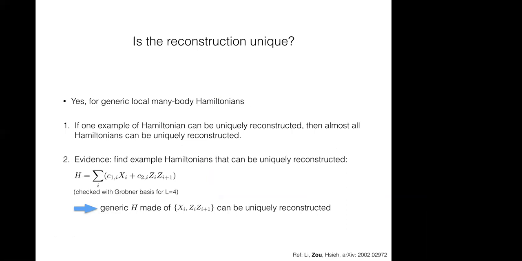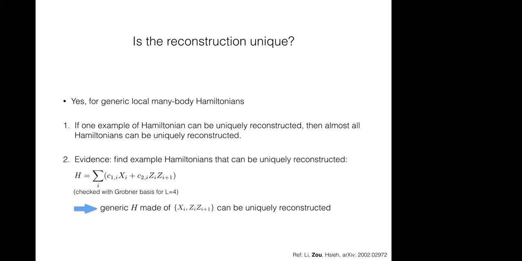Here, I just explain some intuition. The first step is the mathematical result that says, suppose we are given a quantum system with a particular Hilbert space and a particular set of local operators, then we can show if one example of a Hamiltonian that can be made of such local operators can be uniquely reconstructed, then almost all such Hamiltonians can be uniquely reconstructed.